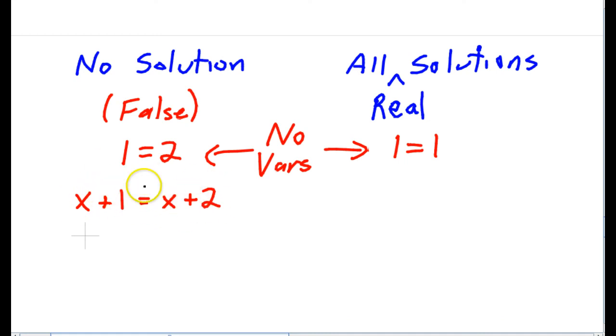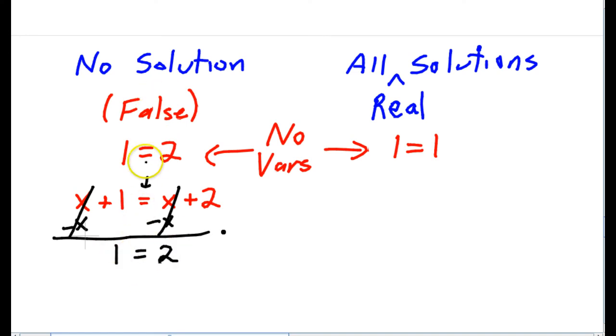And then when you solve it, strike X on both sides, that's when you see both variables cancel out. And since this is false, you actually put a not equal.